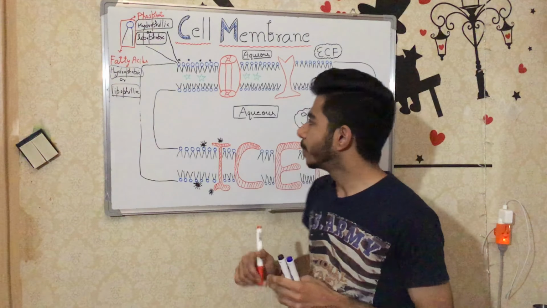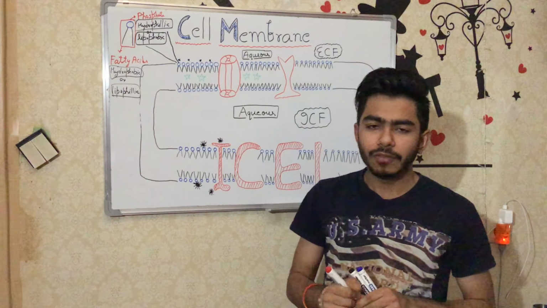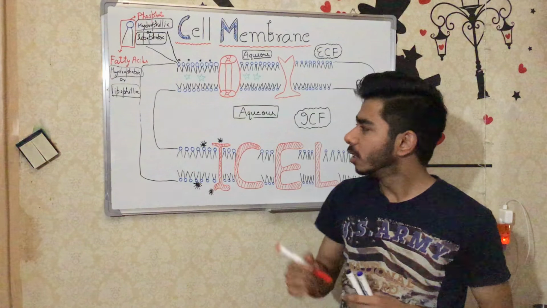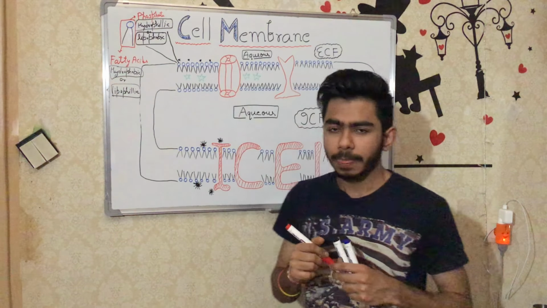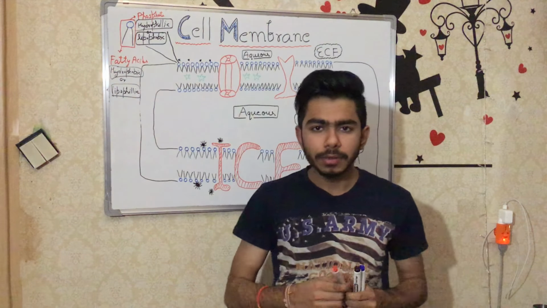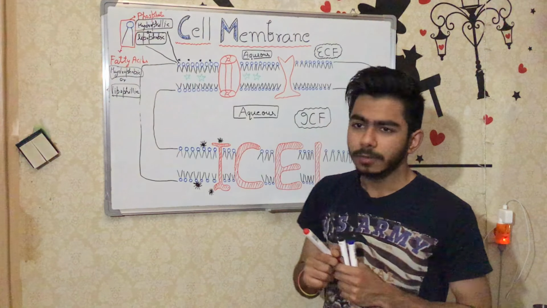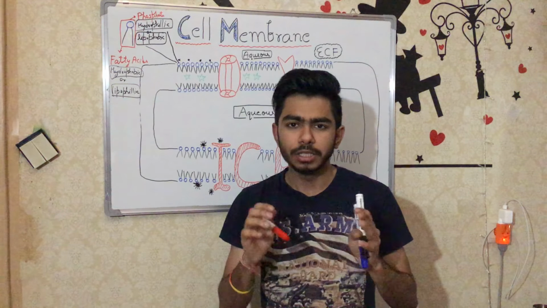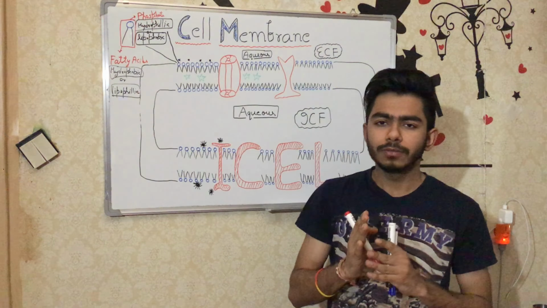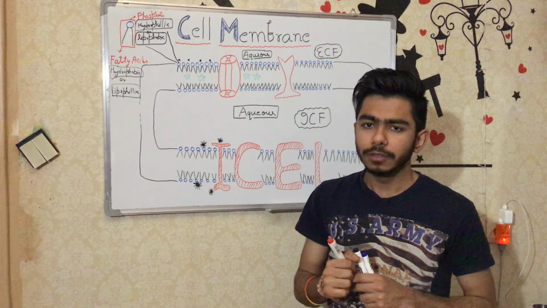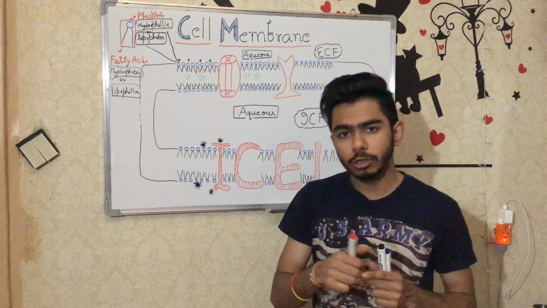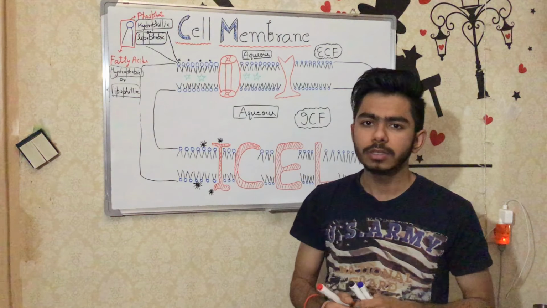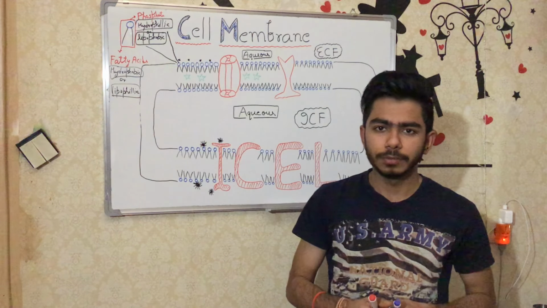For example, if our body temperature increases, so the temperature of the cell also increases, and the fluidity and mobility of the cell also increase. So temperature is directly proportional to the fluidity of this cell membrane, or phospholipids, you can say.